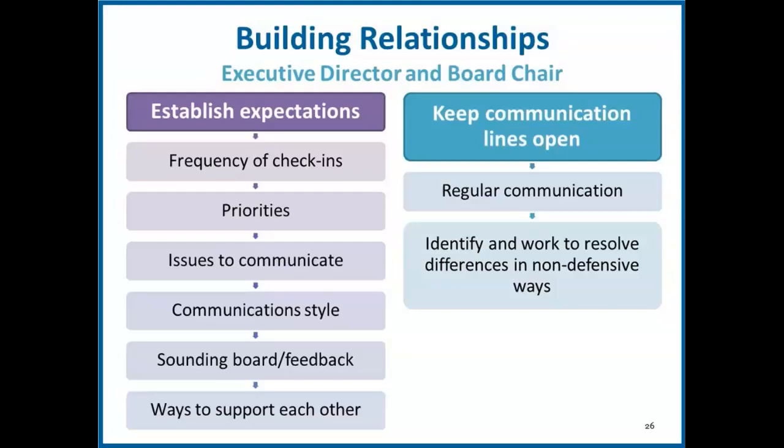Talking about how the board chair can provide that sounding board or feedback, and then also talking about those ways to support each other. So in the very beginning, when this relationship starts, it's very important to talk through those different things within one of the first meetings to make sure that those are transparent from the very beginning. It can also be good to just revisit these items over time as well.